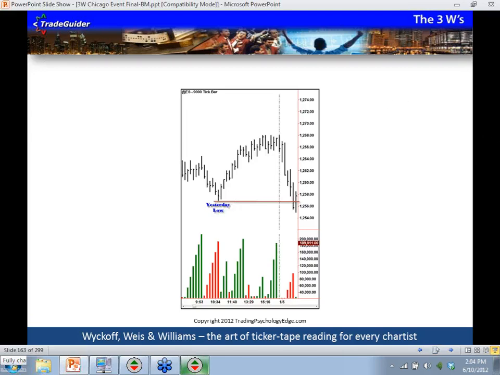Yesterday we had some good wave volume going to the upside. We had some good demand there, right? And down here, as we came down, we also had some pretty good supply. Now, as we come back into that same area, what are we getting on the wave volume? It's significantly less.